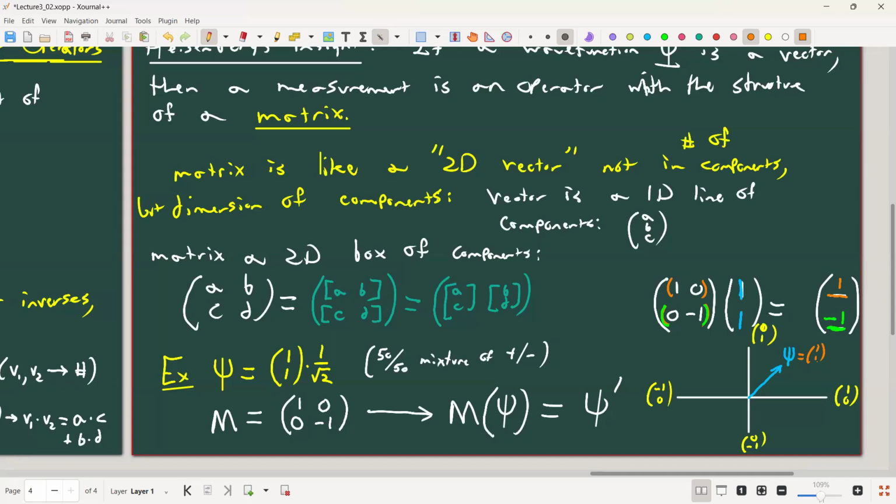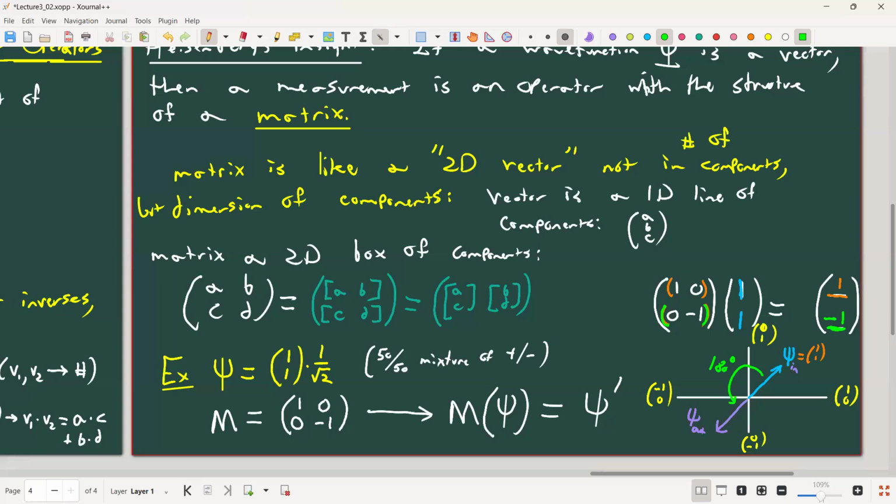So let's draw the final vector. That's pointing in the bottom left like this. So this is psi out, and this is psi in. And so what does the matrix do? The matrix takes that vector and rotates it pi radians, 180 degrees. It's a 180-degree rotation of the state.